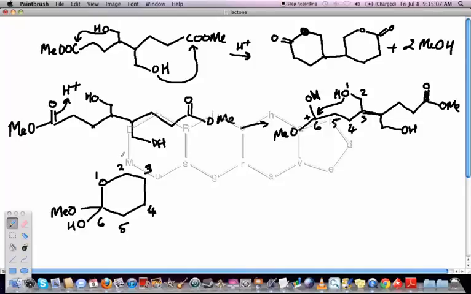And to the 1 position, we'll still have our hydrogen connected, and the oxygen will have a positive charge. And off the 3 position, we'll have the rest of the compound, and that has remained unchanged up to this point.